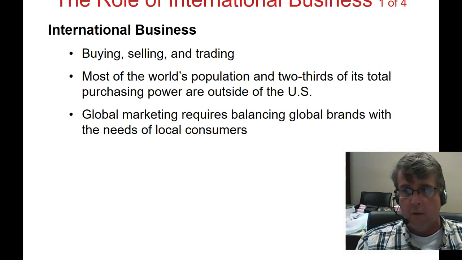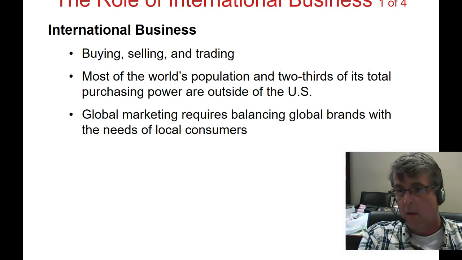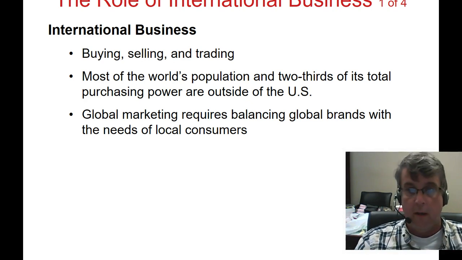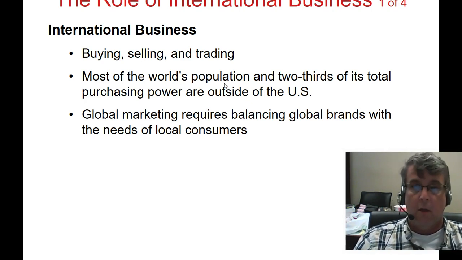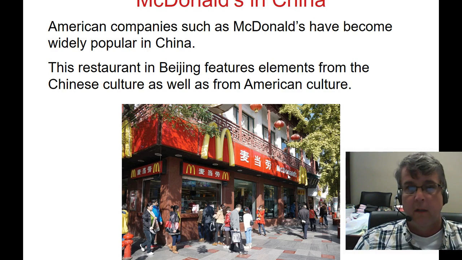They have different cultural values. So the way, for example, you market a product to somebody here in the United States, that might not work if you're trying to market to somebody in Asia or Africa or wherever else you're looking. So those are the things we're going to be interested in and that are important when we talk about international trade.